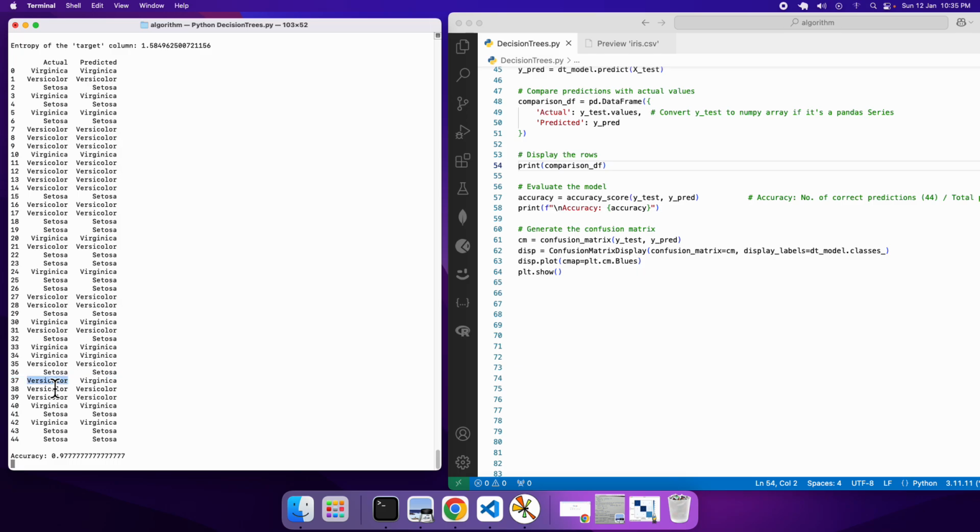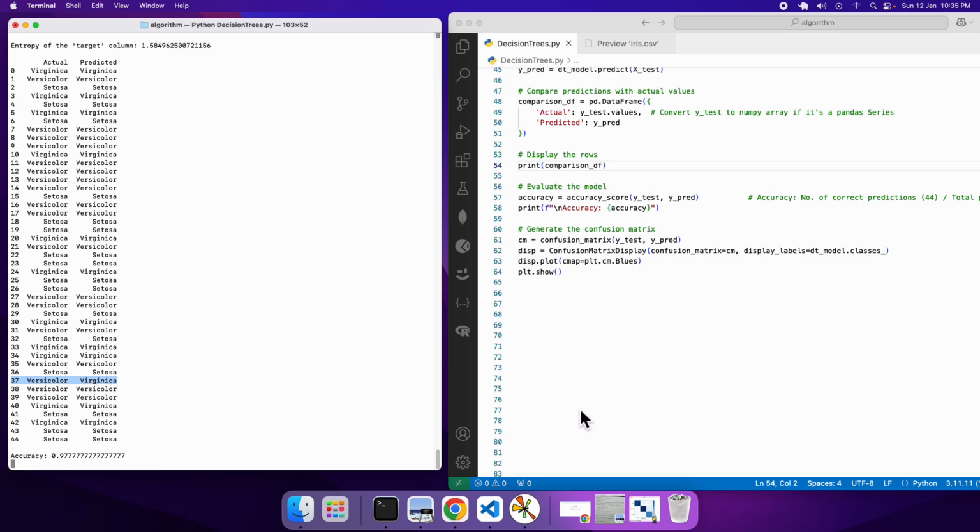Here the actual data is versicolor, but the machine has predicted that it will be virginica. So this is where a difference comes into the picture, but this is a very bad way of figuring out how many differences have actually taken place. In this way you cannot differentiate, and that brings us to something called the confusion matrix.